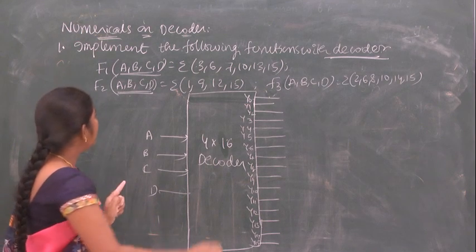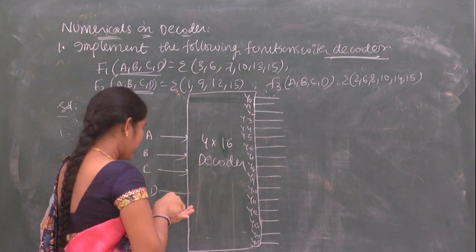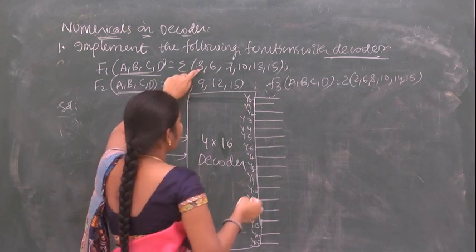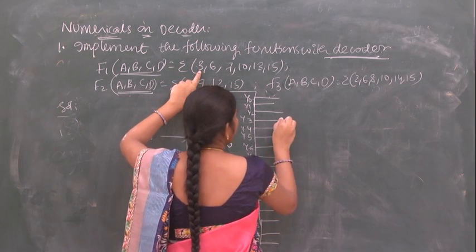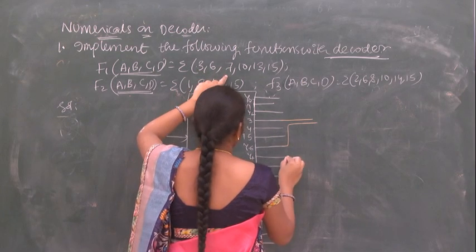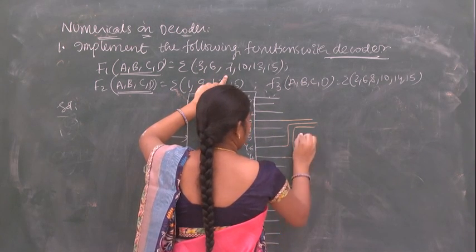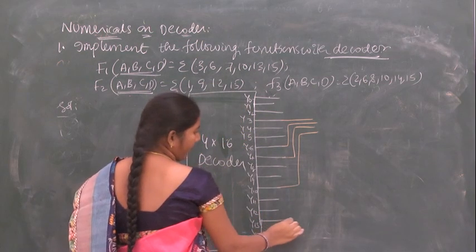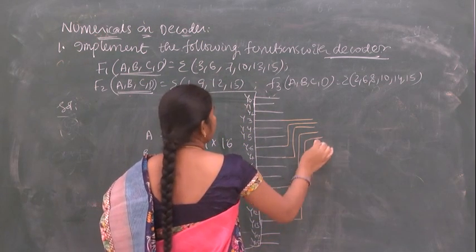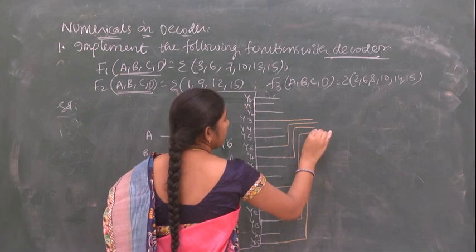Now we need to represent each function in this decoder. The first function: consider the outputs high for 3, 6, 7, 10, 13 and 15.